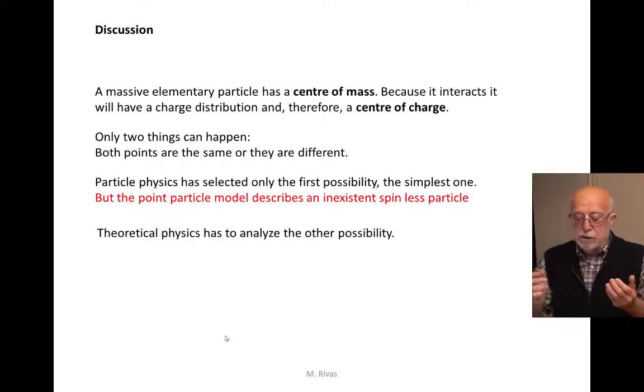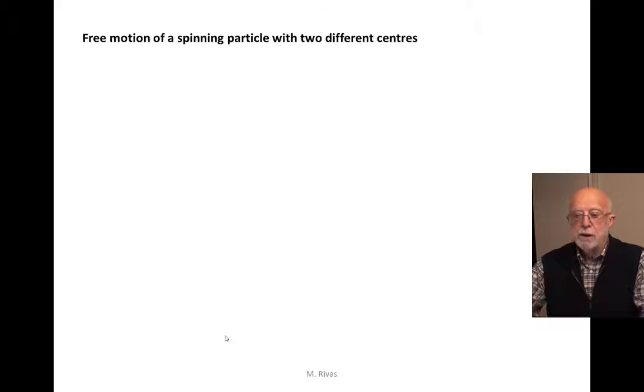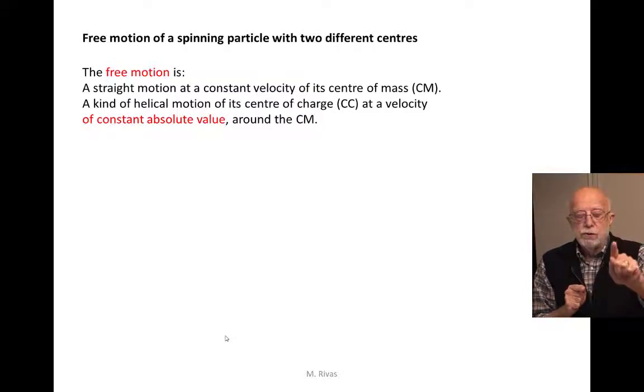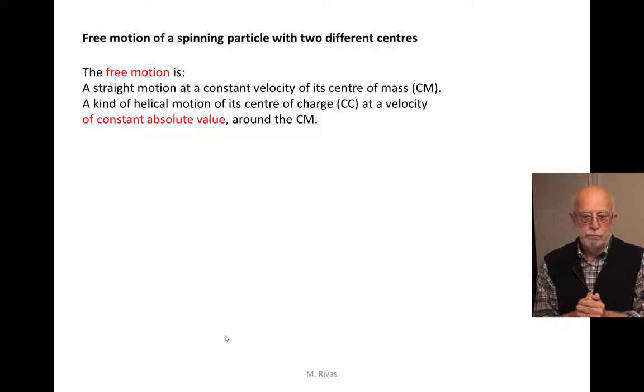Now, to analyze the second possibility, let us see how a particular inertial observer describes the free motion of a spinning particle with two centers. If the particle is free, we will see a straight motion for the center of mass, because if there are no forces, the center of mass of the system is not accelerated, and therefore it moves at a constant velocity.